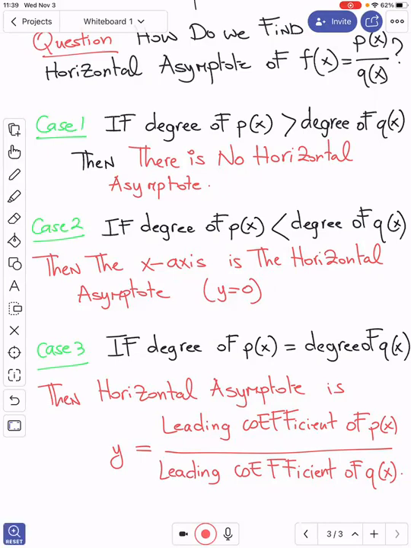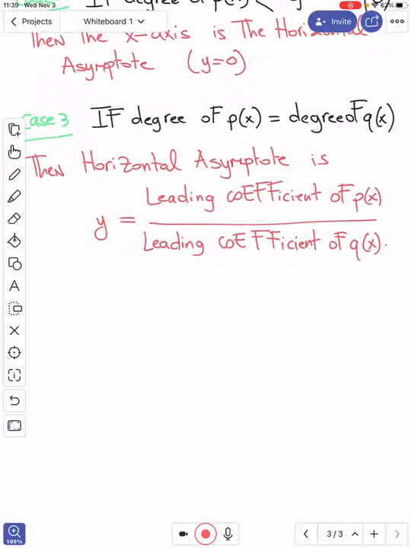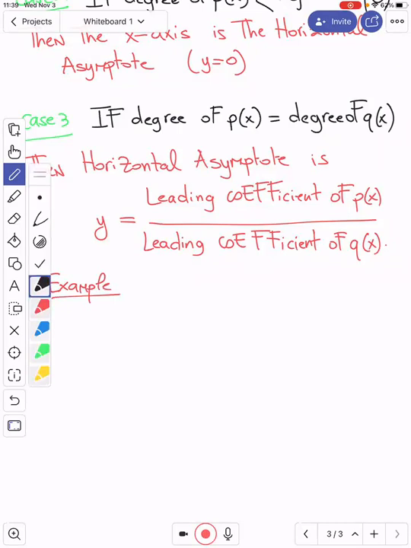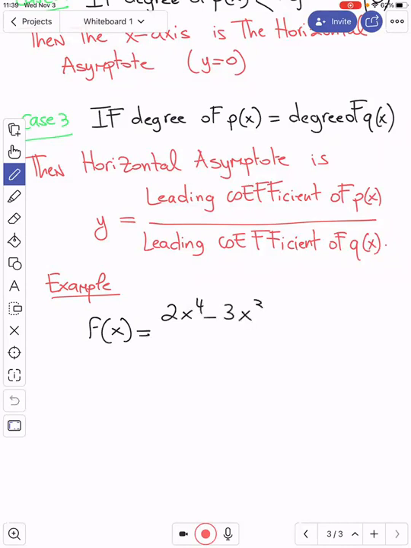But in the last 10 minutes, guys, I'm just going to try to find it as an exercise. So let me first do an example. Let's take f of x equal to 2x fourth minus 3x cube plus 2x over 5x fourth minus x cube plus 2x squared minus 1, right?